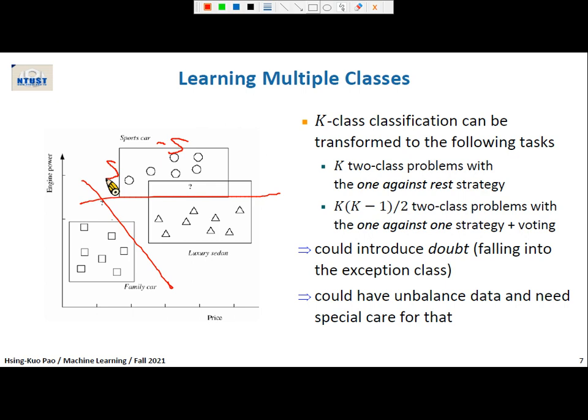Between family car and the luxury sedan, either way, sometimes we also get more votes. If we have more votes, that is quite likely the truth.